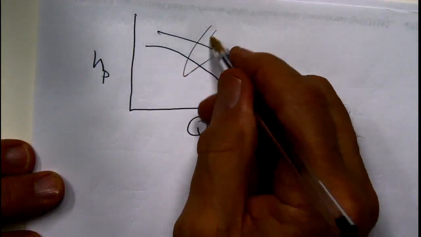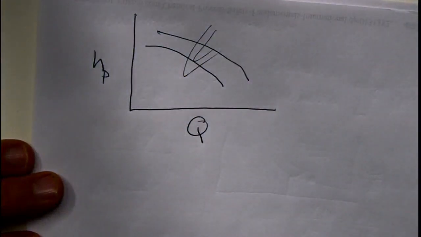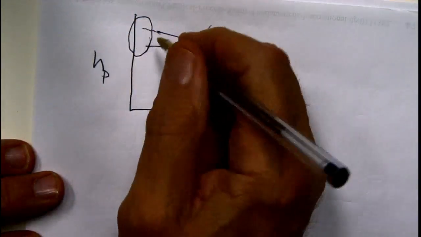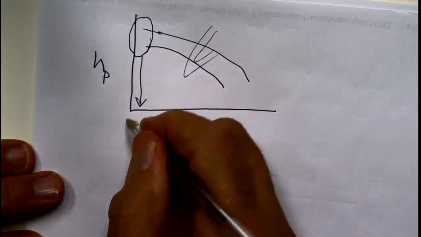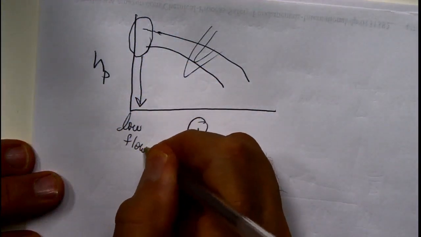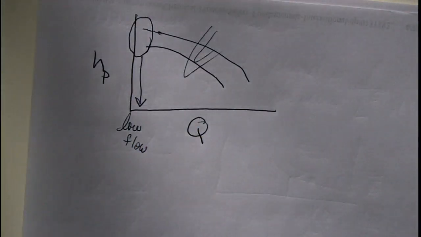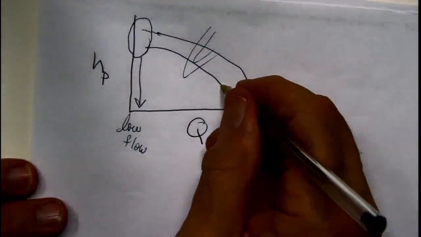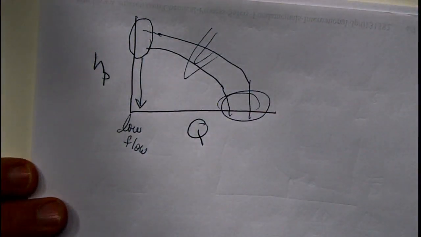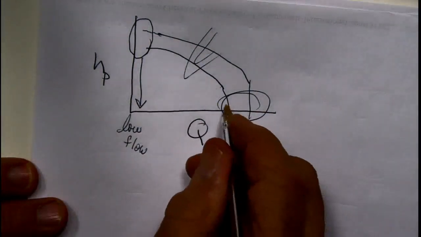Some of the things involved: you don't want to run the pump up in this region. This is a region where basically it's low flow. That's not a good place. And you don't want to run down in this location because you have no pressure, basically.